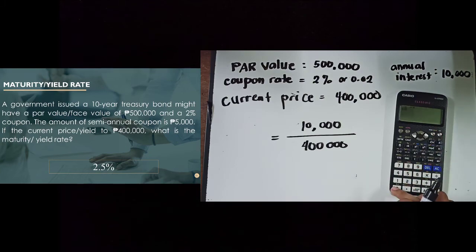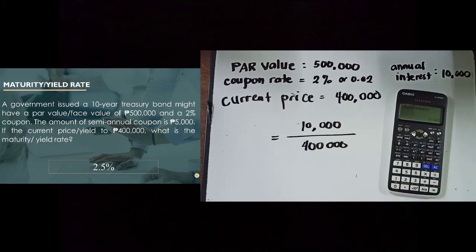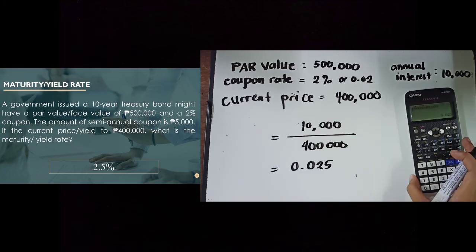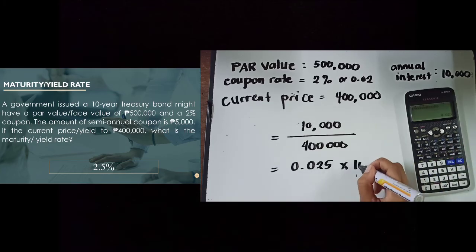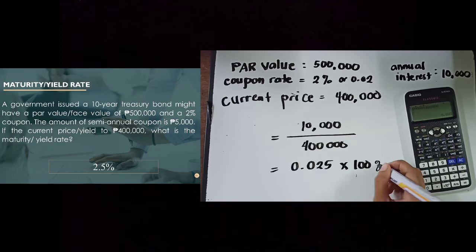So, 10,000 divided by 400,000, and that is equal to 0.025. Then multiply it by 100%, and that is equal to 2.5%.